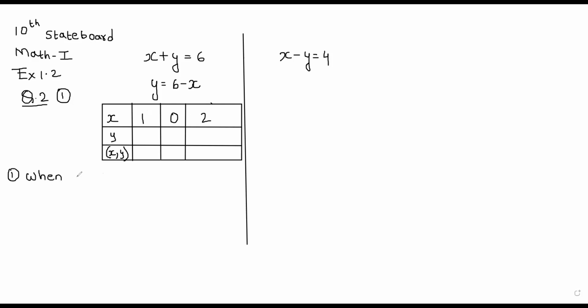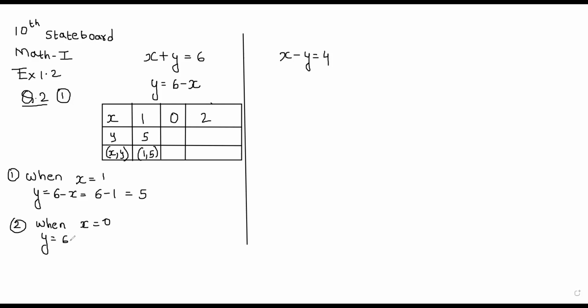So number 1, when x is equal to 1. y is 6 minus x. So in the place of x, we write its value, that's 1. So we get 5. So the first coordinate is 1, 5. The next is when x is equal to 0. We took 0 as the second coordinate.